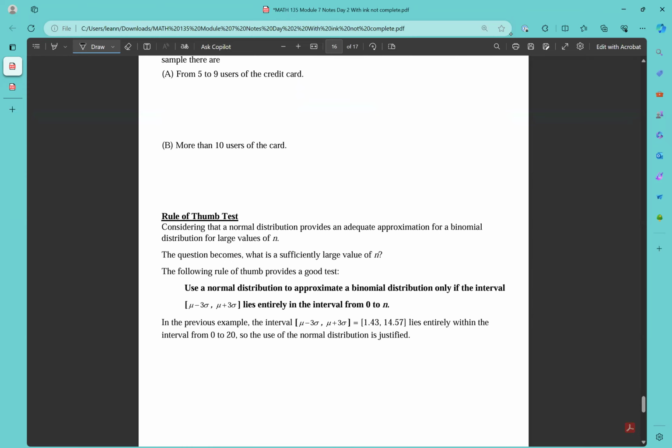So it says, considering that a normal distribution provides an adequate approximation for binomial distributions for large values of n, the question becomes, what is a significantly large value of n? The following rule of thumb provides a good test. Use a normal distribution to approximate your binomial distribution only if the interval mean minus 3 standard deviations to mean plus 3 standard deviations lies entirely in your interval from 0 to n.